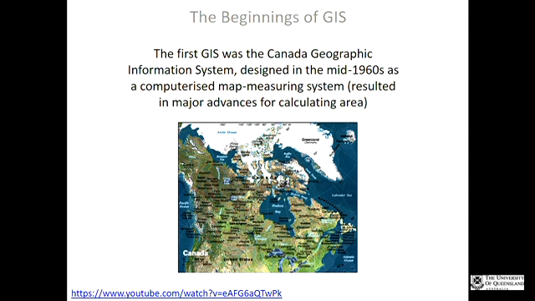That allowed remote sensing from satellite imagery and airborne sensors, and allowed the development of larger databases and collection of information. A lot of that technology drove further developments in GIS.